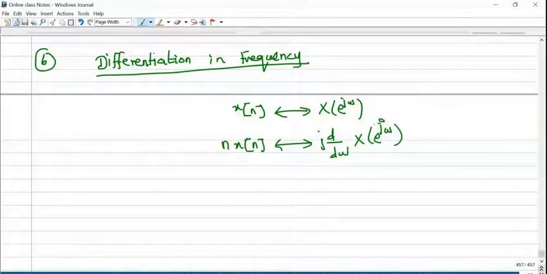Okay. So using this property, we can solve the problem. Using all the above properties, n times x of n, now the DTFT result is j d by d omega of X of e power j omega. Next, convolution property.